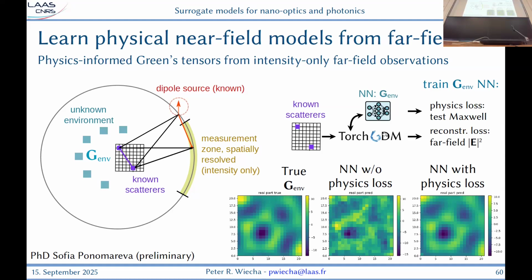Then we get almost perfect agreement between the actual environment description and our learned environment description, based on this differentiable simulation toolkit, where inside the differentiable simulation we train a neural network to the simulations.